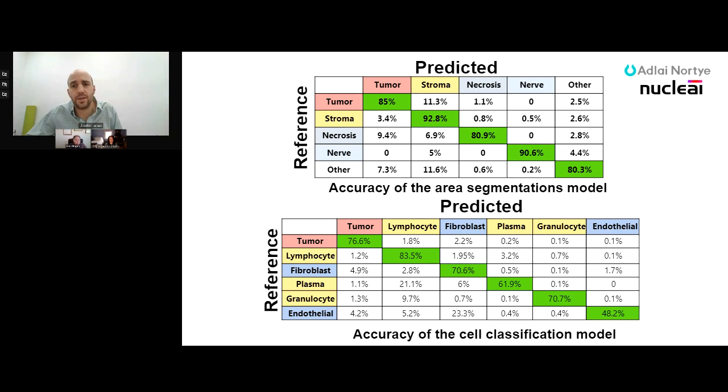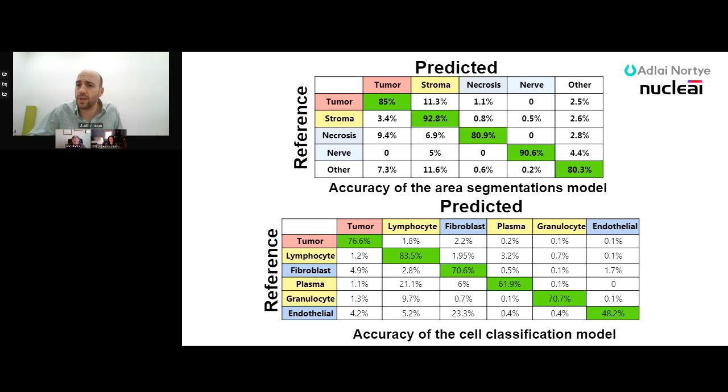As you can see, the model that Nucleai developed off of our H&E slides was highly predictable versus the control pathologist reads for the tumor, stroma, necrosis, and nerve. You have some more variability, but very high levels of correlation between your lymphocytes, your fibroblasts, your plasma cells, and your granulocytes.